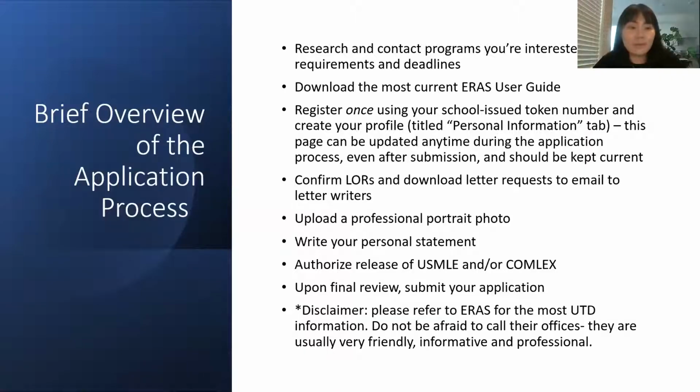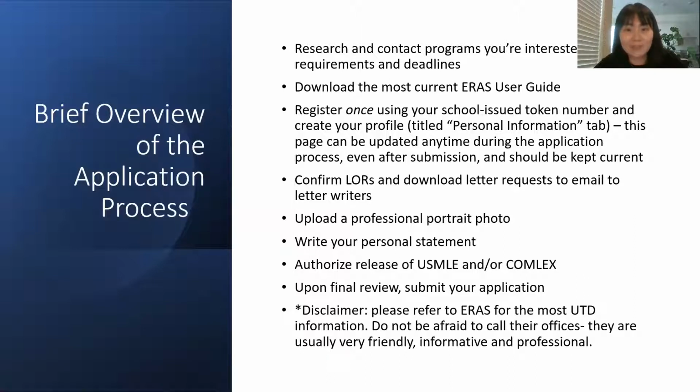Okay, so a brief overview of the application process. You're going to want to research the programs that you're interested in for requirements and deadlines. You're also going to want to download the most current ERAS user guide. You can Google that on ERAS and it'll pop right up. I think it'll currently be updating still as we're just finishing the 2020 to 2021 cycle, so you might want to wait a little bit.